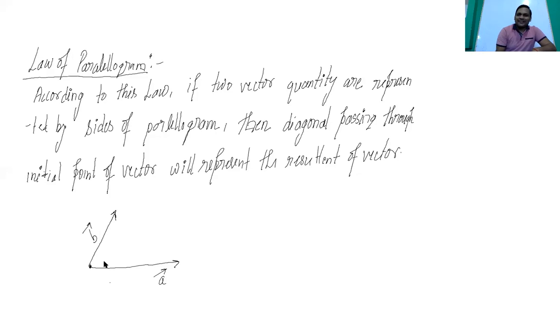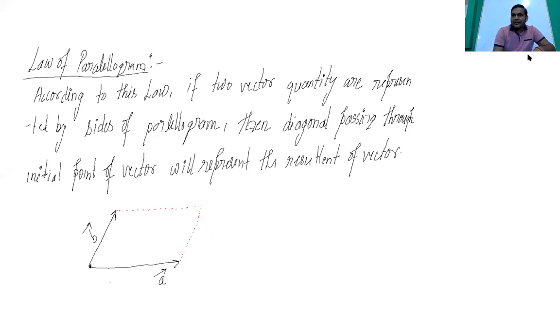So here I was saying that this is your A vector and this is your B vector, and these are representing the sides of a parallelogram. How are these representing the sides of a parallelogram? We can draw the parallelogram by drawing parallels to the sides. We can draw the parallel of the A vector here, like this, and the parallel of the B vector here, like this.